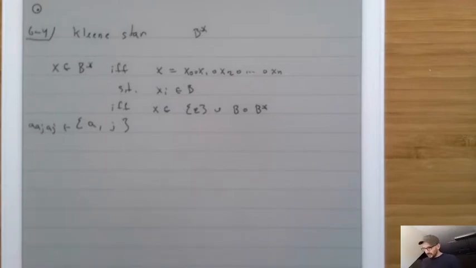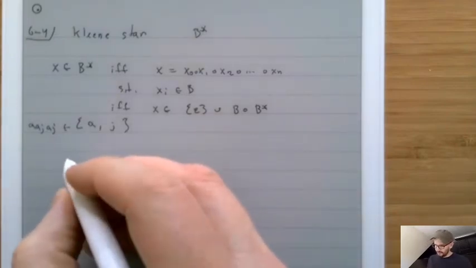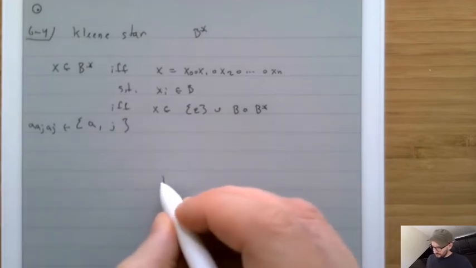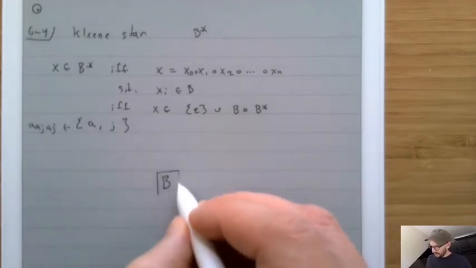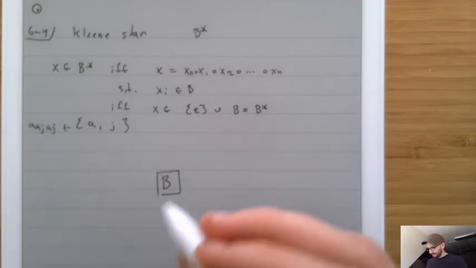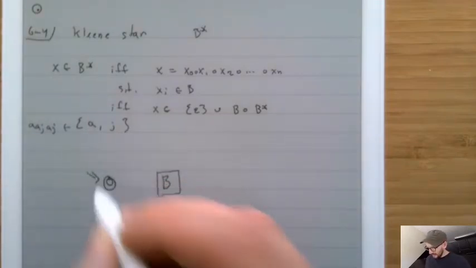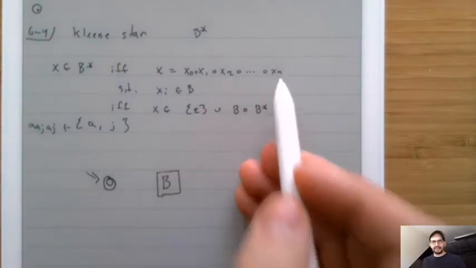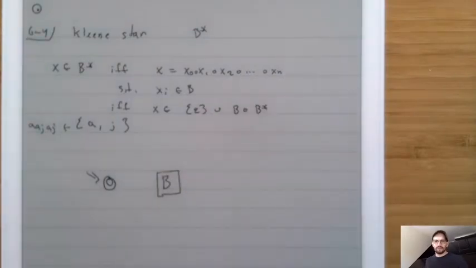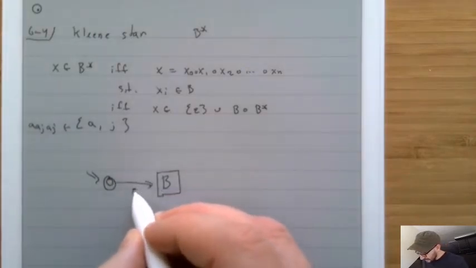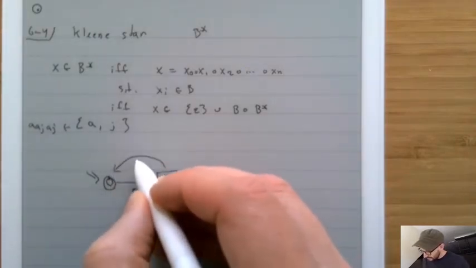So there's actually a really simple way to encode this using NFAs, and it's the following. So imagine that we have our B machine, which I'll just put as a box right here. So that's our B machine. So what we do is we have a new state, which is accepting, and that's for when n is 0, and there's no substrings. And we have an epsilon transition into here, and then an epsilon transition out of here.